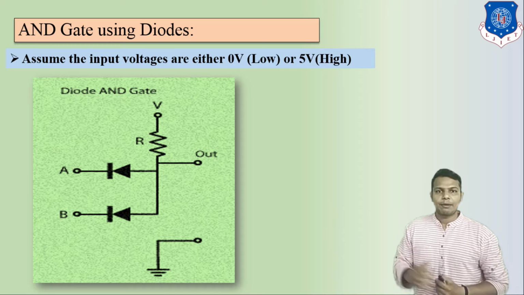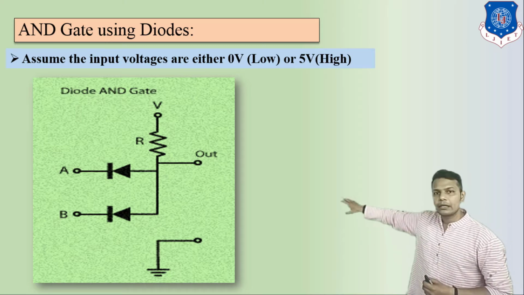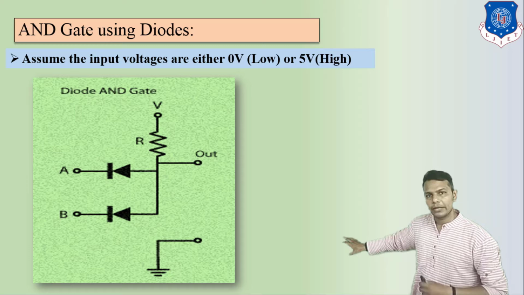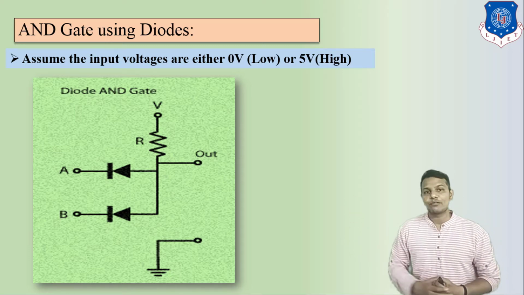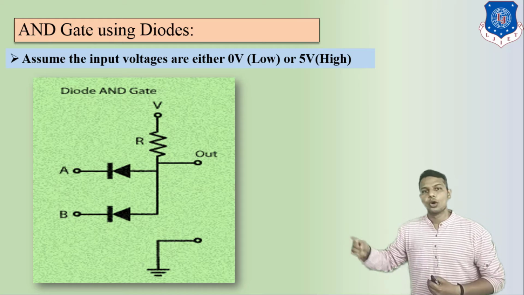Remember this: if I provide 0 at A and 0 at B, both are 0. Current always flows from the higher to the lower side.